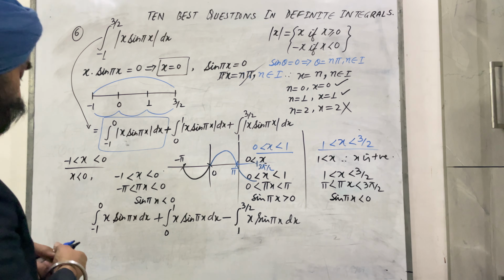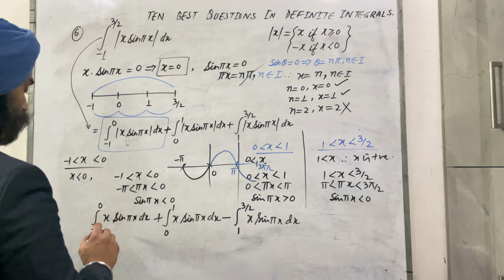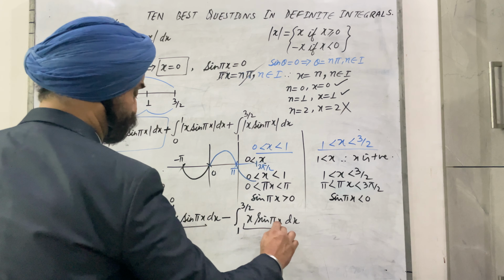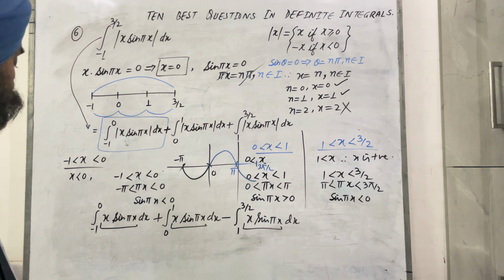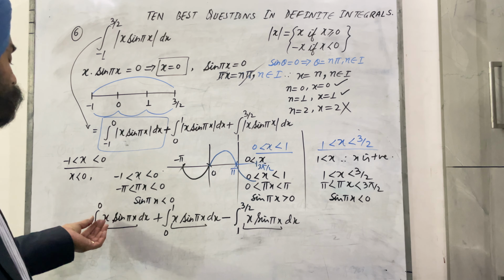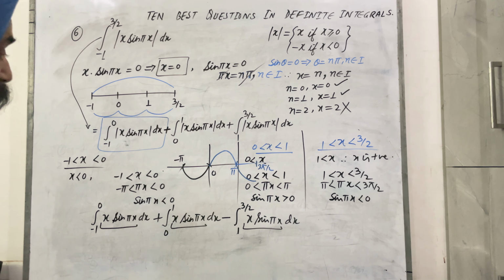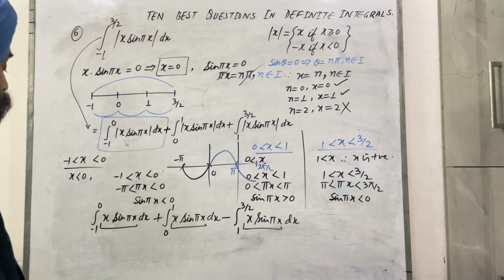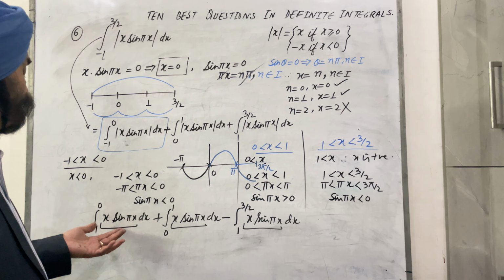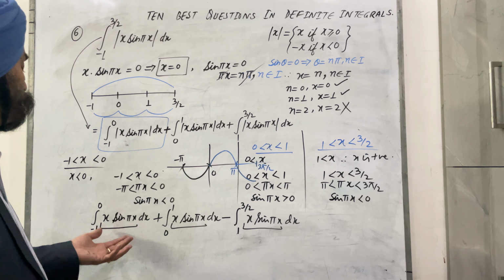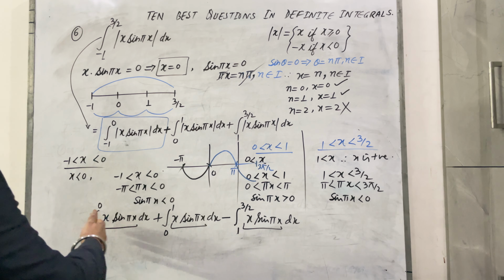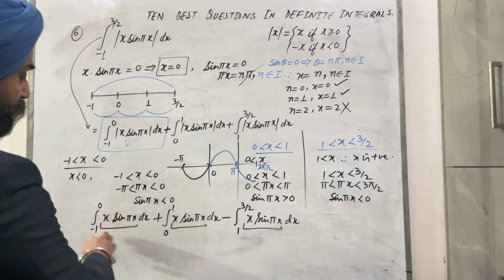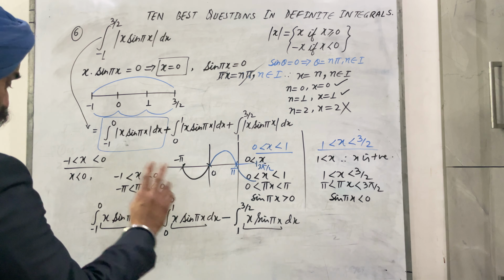After that, just observe we have x multiplied by sine pi x appearing in all the three integrals. All you need to do from here is to identify one of them is an algebraic function and the other one is a trigonometric function. Now we need to find the integral of x sine pi x. In each case, we can work on it using the indefinite integral by using the ILATE rule, that we have discussed earlier also.